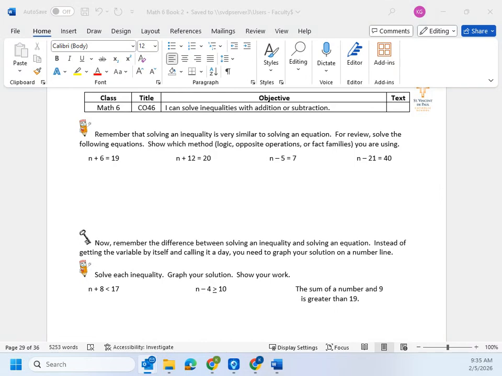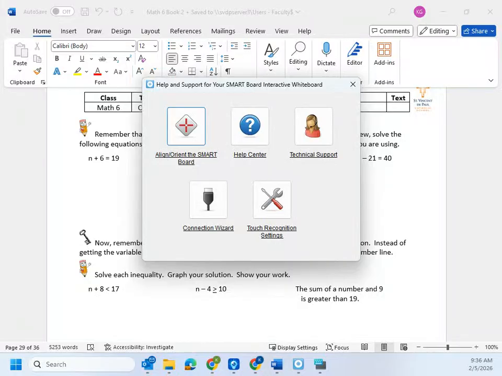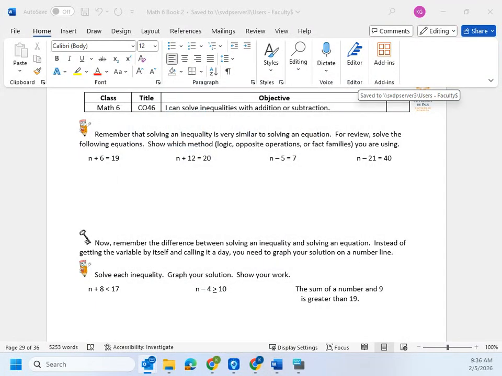So if we look at, oh, of course it's not going to work for me. We have to get the pen over here real quick. Let me try it again. Why is it not working? Nothing is ever easy.